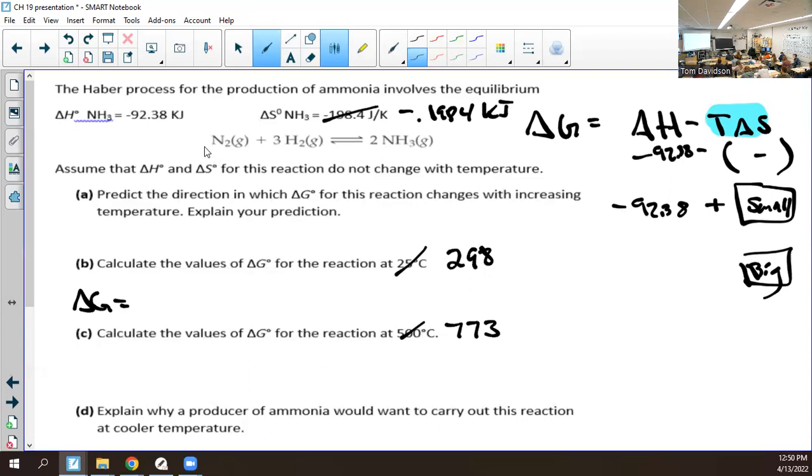So delta H is negative 92.38 minus, what are we at here? No, 298. And S was times 0.1984, negative, thank you.